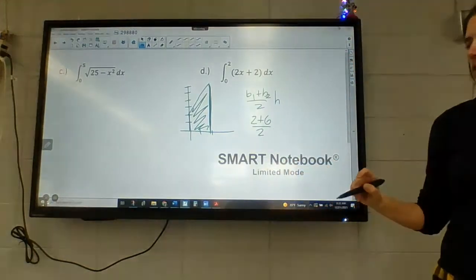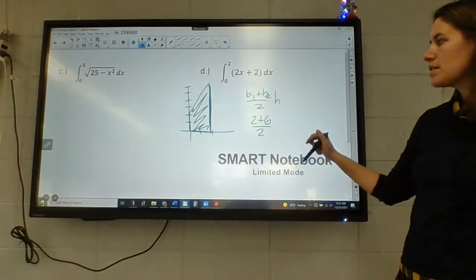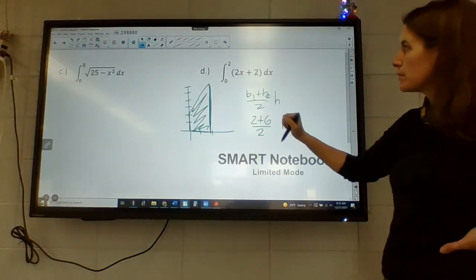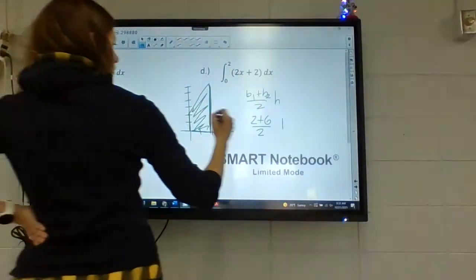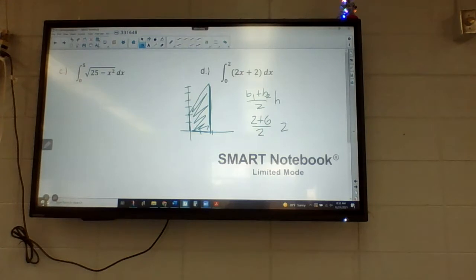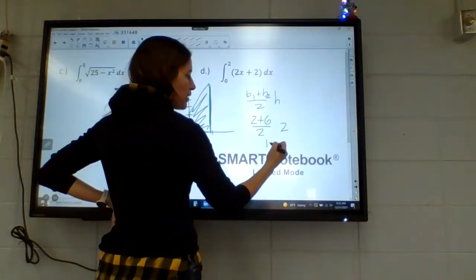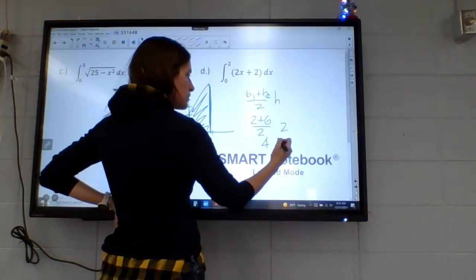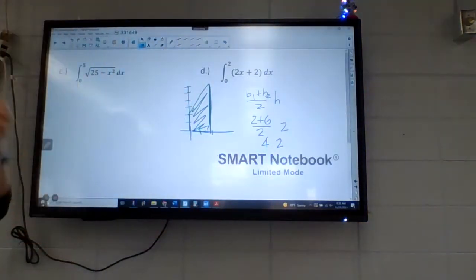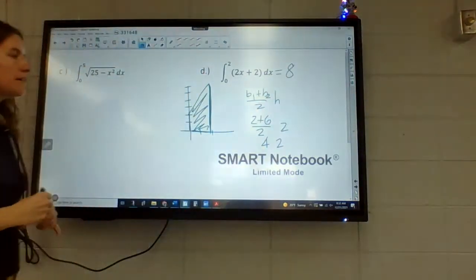And then our height would be the perpendicular distance across, which would be 2. Does that make sense where I get those from? So we have 8 divided by 2 is 4, times 2 gives us 8 for our area. So that'd be our answer for this one.